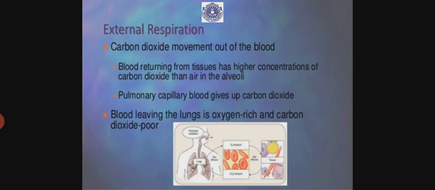And the blood leaving the lungs is oxygen rich and carbon dioxide poor, whereas the air leaving the lungs is carbon dioxide rich and oxygen poor. That means when we inhale, we not only take in oxygen alone, but some other gases also which are present in the atmosphere.